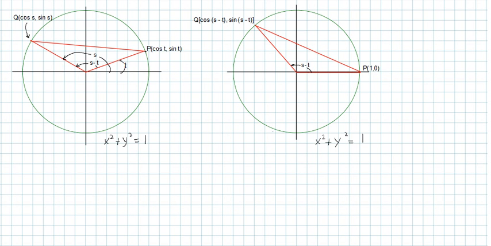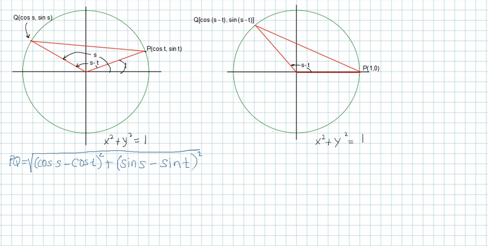So this is x2 and x1, y2 and y1. So let me start. PQ is equal to the square root of (x2 minus x1) squared plus (y2 minus y1) squared.